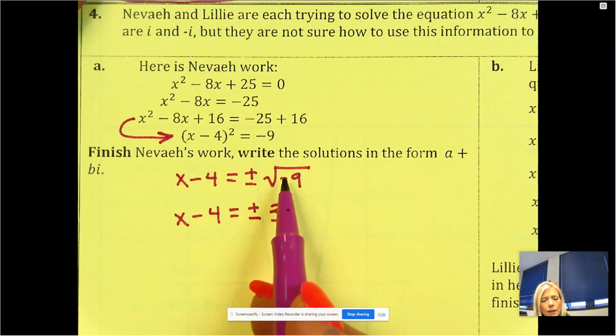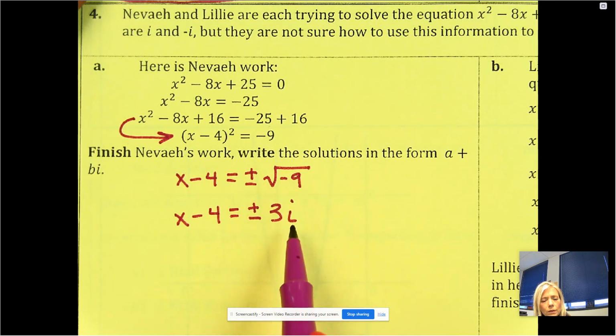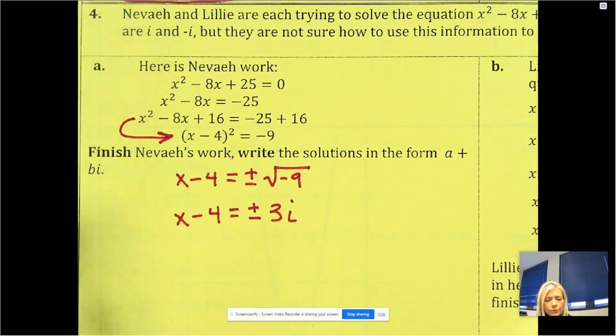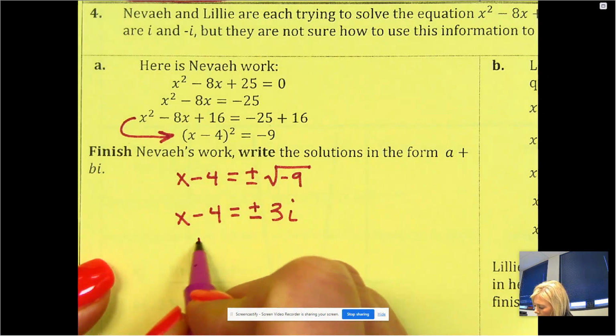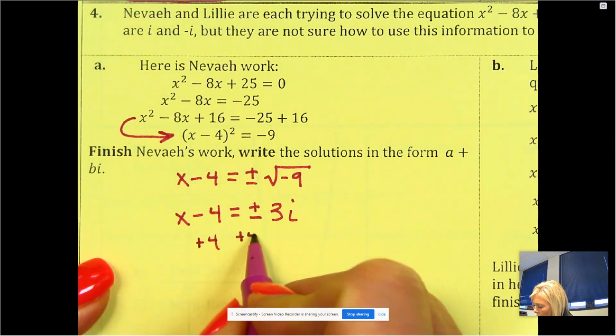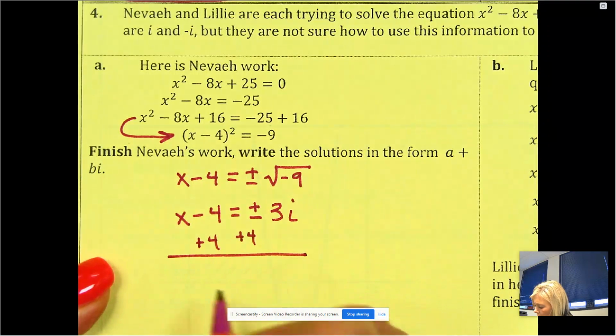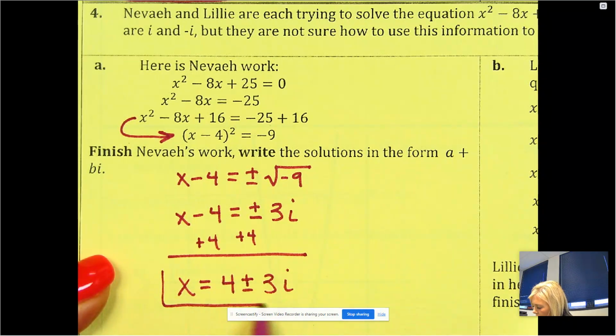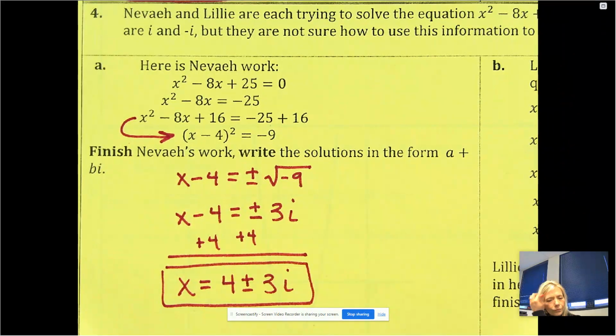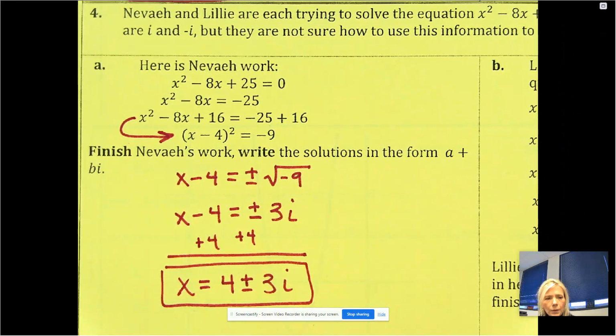So anytime there's a negative under your square root, there's an i in your answer. So we're almost there. We just need to add the 4 over. And since 4 is the real number, it comes first, plus or minus 3i. All right. So that's how you finish Nevaeh's work.